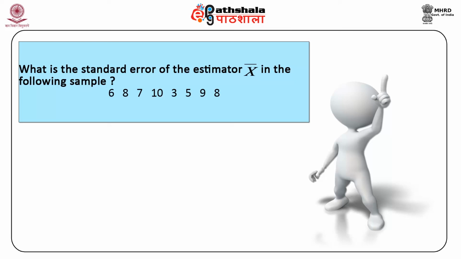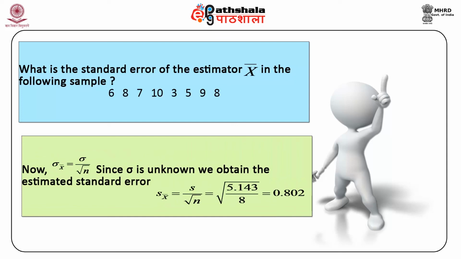This can be explained with an example: what is the standard error of the estimator X bar in the following sample, where the values are 6, 8, 7, 10, 3, 5, 9, 8. So we have 8 values. What is the solution to this question? Let's look at it. Now sigma X bar is equal to sigma by root n.